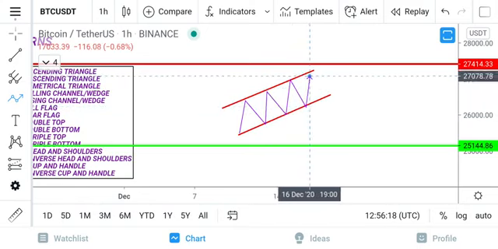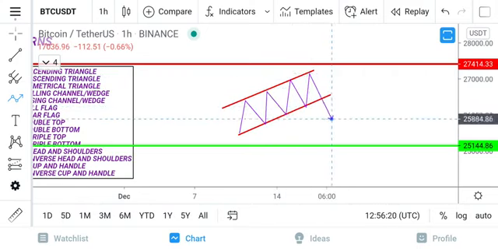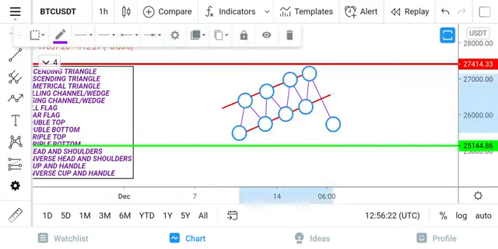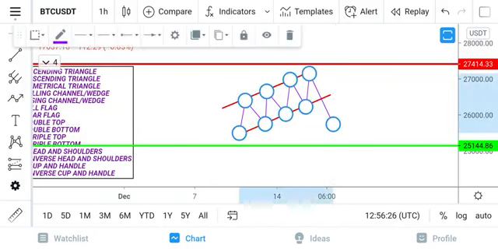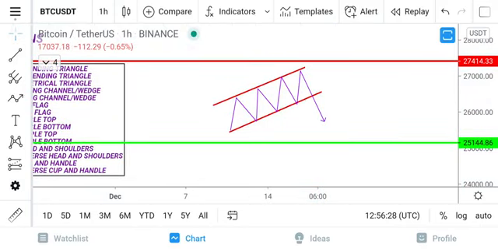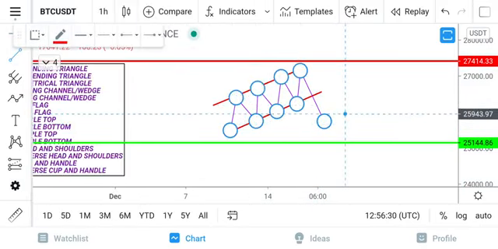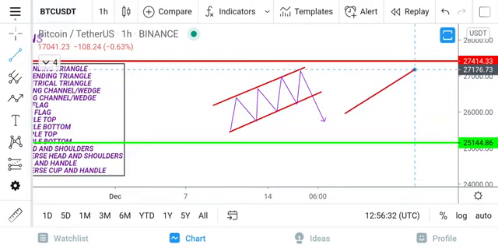Then you expect it to break down because it's bearish, especially if the price is below the moving averages. So that's a rising channel, and you also have a rising wedge, which looks like this.